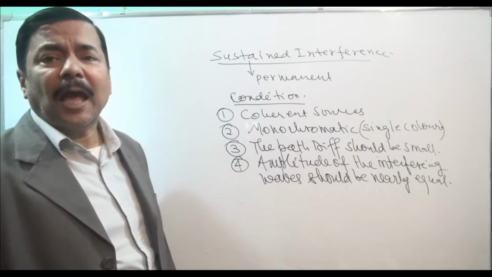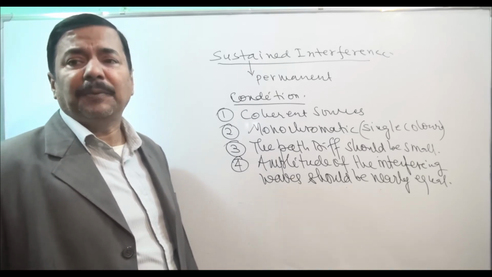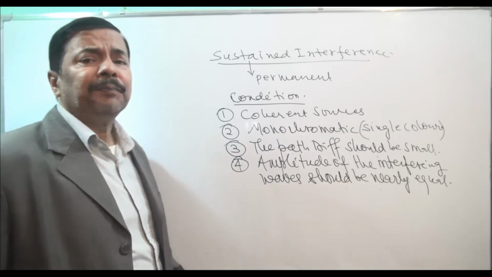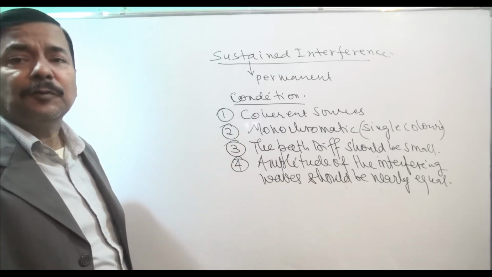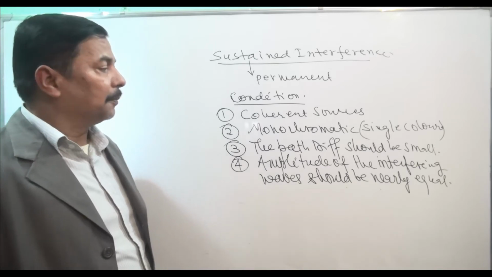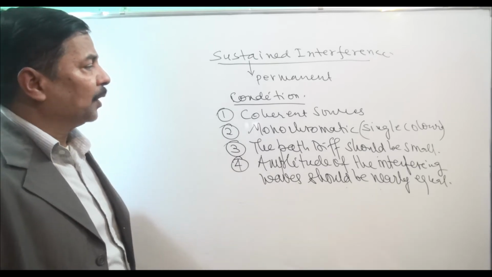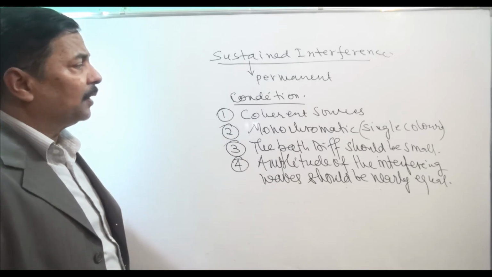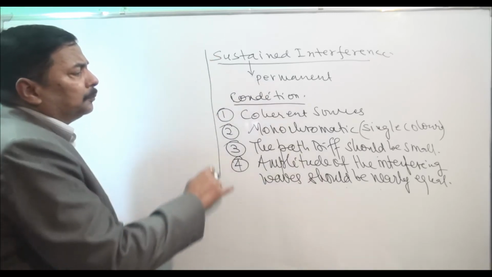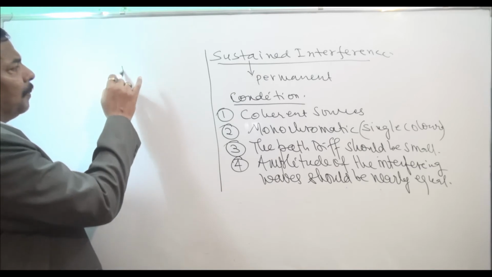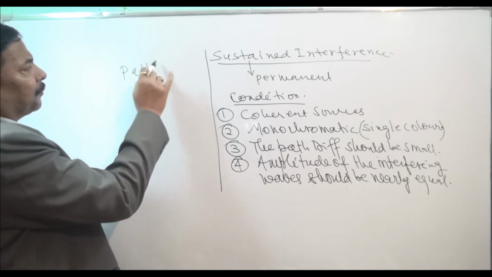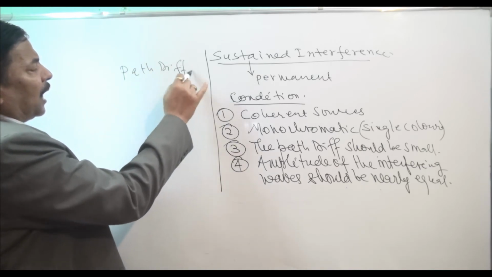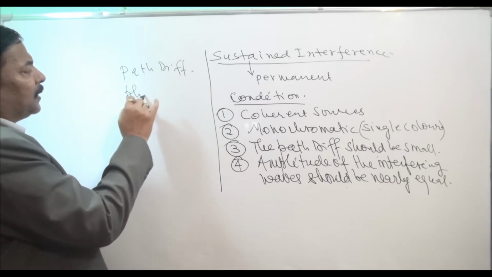That means dark will appear completely dark and bright will appear completely bright, and then we can observe and understand the interference phenomenon better. So these are the conditions for sustained interference. Now what I would like to tell you: I have used the word path difference and I have used the word phase difference.